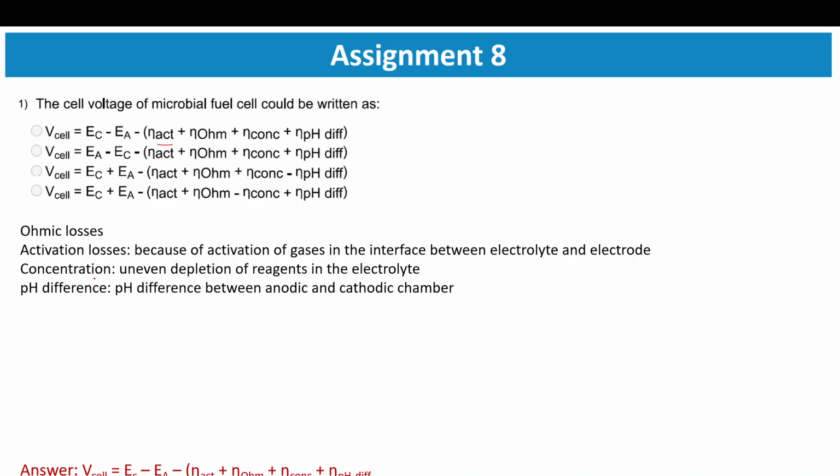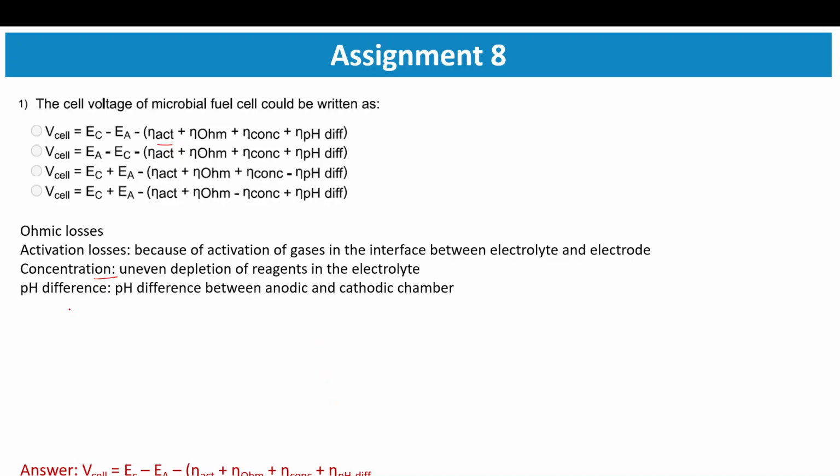There can be concentration loss, because there will be a gradient in the electrolyte or there can be uneven depletion of the reagent. So there will be non-uniformity inside the chamber itself, which causes some sort of losses.